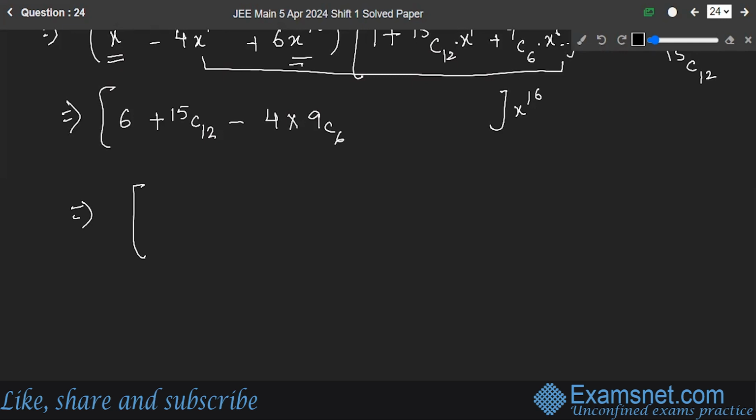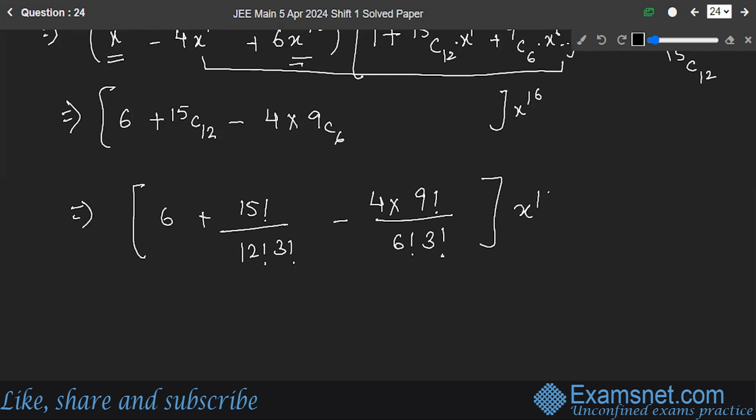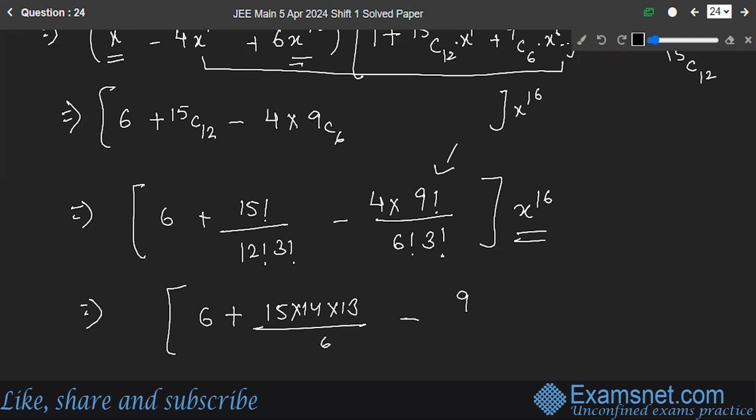You have 6 plus 15 factorial upon 12 factorial 3 factorial, minus 4 into 9 factorial upon 6 factorial into 3 factorial. We can ignore x power 16 because we want only the coefficient. So this will be 6 plus 15 into 14 into 13 upon 6, minus 9 into 8 into 7 upon 6.